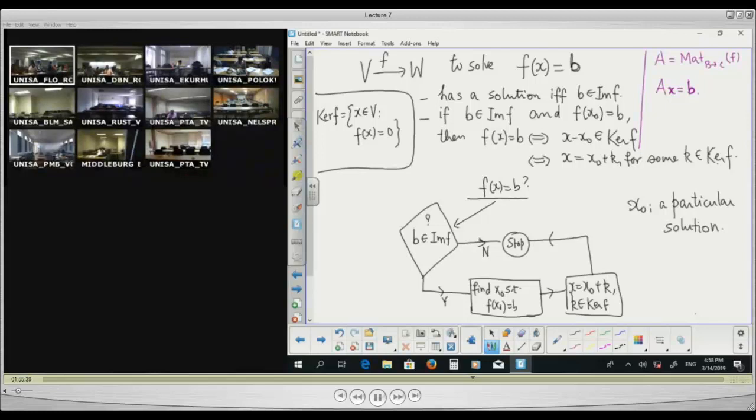Now, how does it help over here? Well, reducing this means I'll multiply this by invertible matrices on the left.